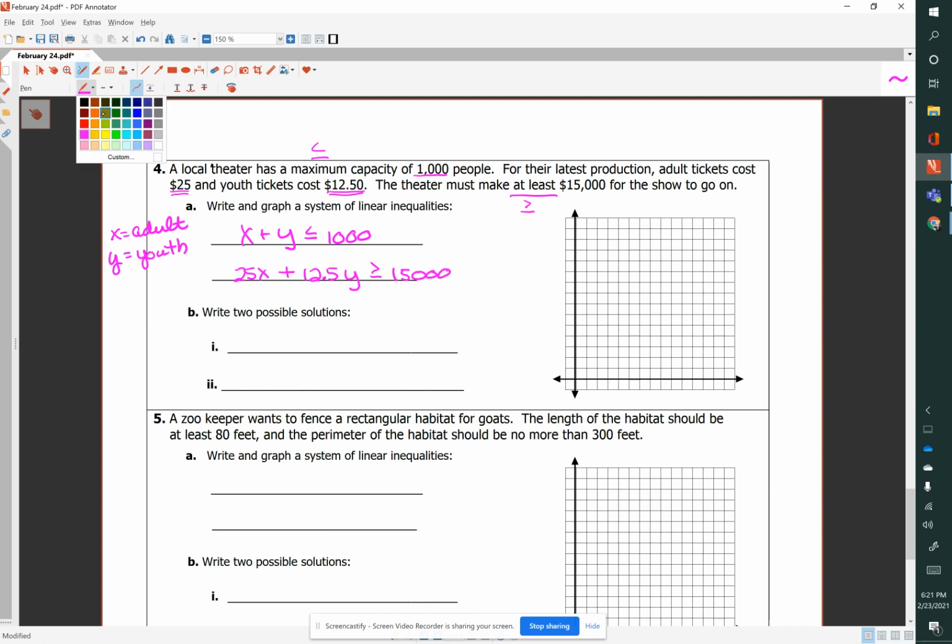So let's get those in slope-intercept form. The first inequality would be y is less than or equal to negative x plus 1,000. The second would be y is greater than or equal to negative 2x plus 1,200. And I'll tell you how I got that.